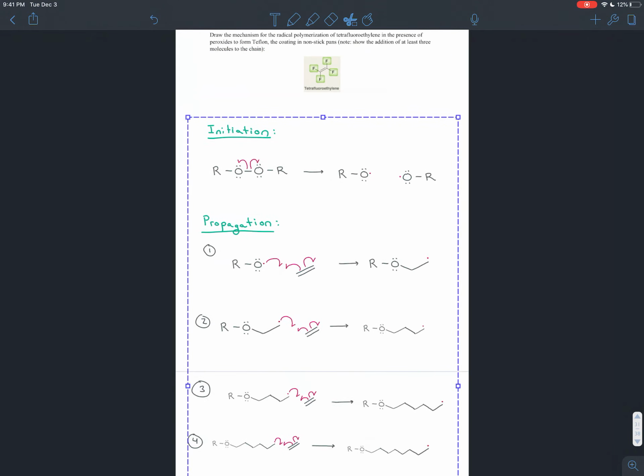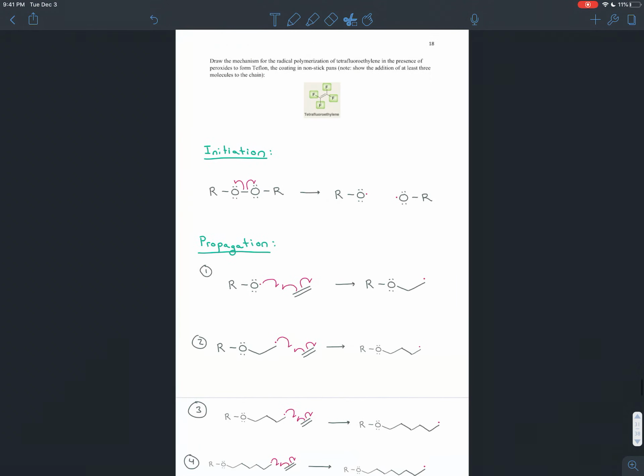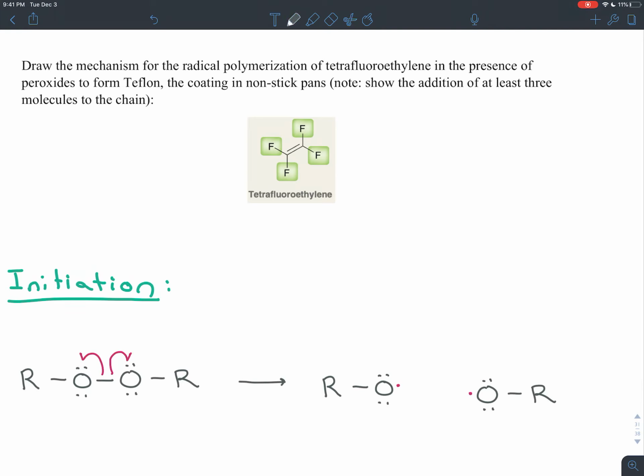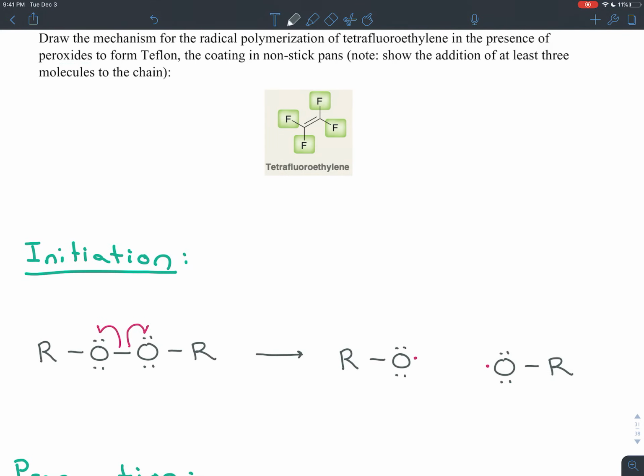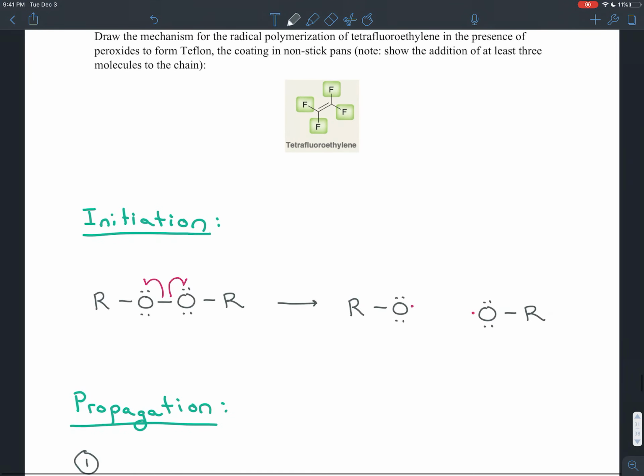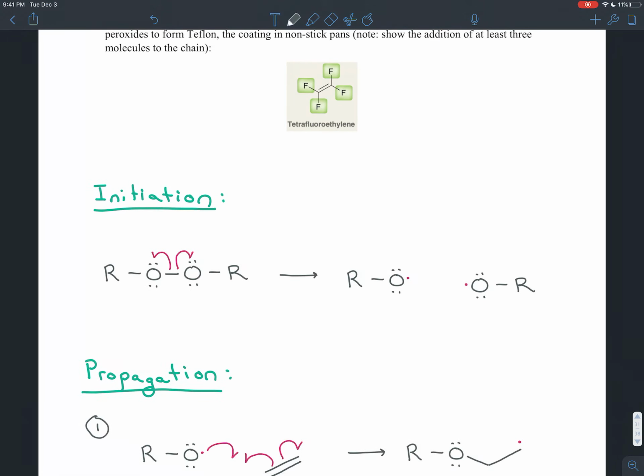So the mechanism for this one is a radical mechanism. You know, first because it tells you here, the radical polymerization. So we're going to take this one piece, this one part, mer, and put a lot of them together, poly. And it's in the presence of peroxide, so we know that's our sign that this is a radical mechanism.